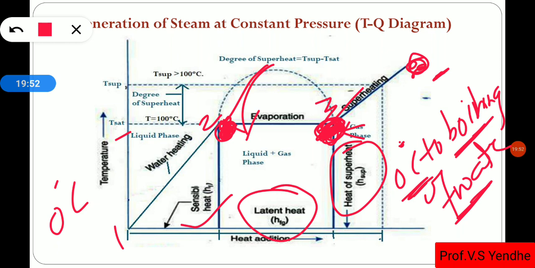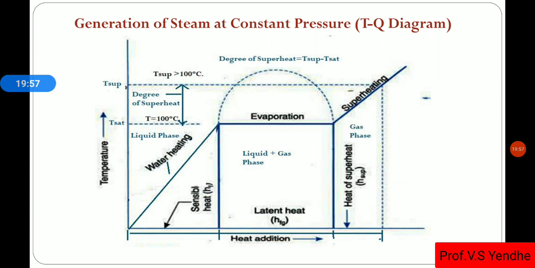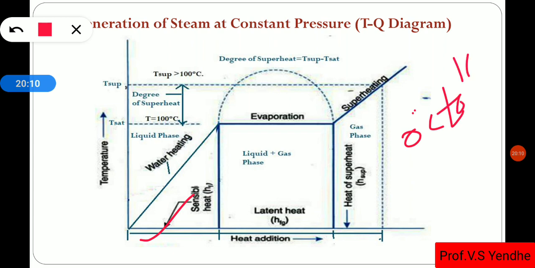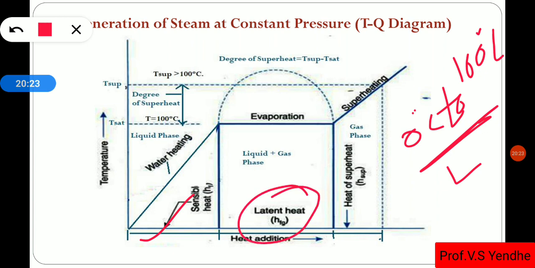Once again, let us see what is sensible. Sensible means to convert 0 degree Celsius water from 0 degree Celsius to 100 degree Celsius, and the phase is liquid. No gas phase is involved. Let us see what is exactly the latent heat. It is the amount of heat required to convert this saturated liquid into the saturated vapors.